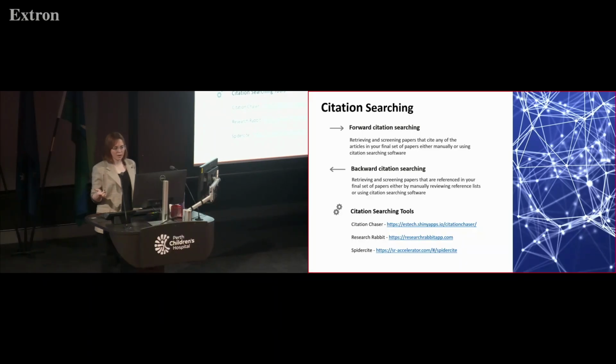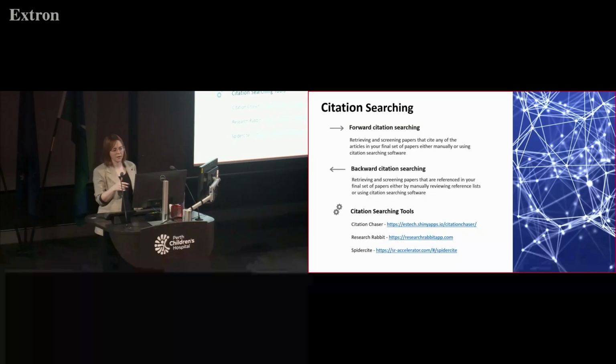You've got Research Rabbit, a free online citation-based literature mapping tool. Again, it supports both forward and backward citation searching, but it also generates visualizations of the connections between the papers. So for anyone who is more of a visual person, that can be quite helpful.